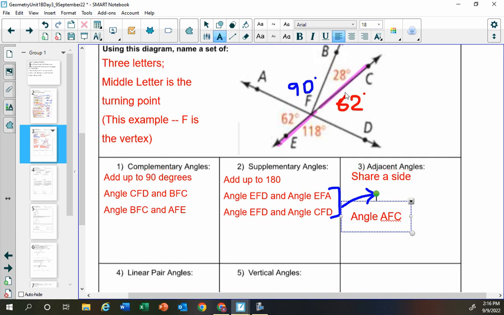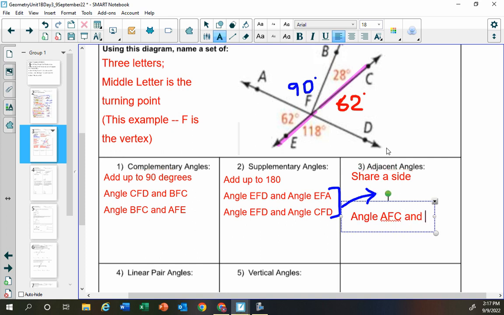So now remember, they have to share a side. So AFC, you could also have, so if we go from C to F, then which way from F can we go? Oh, okay, you know what? That's not wrong. D? You can go either one. Yeah, you can go to E or you can go to D. So you would both be right because they're both sharing the side, AF, or CF.